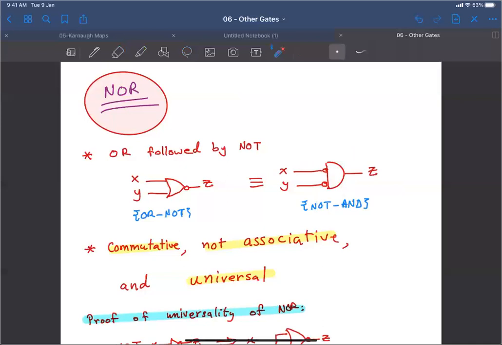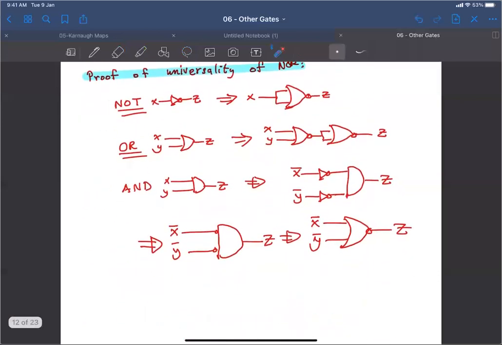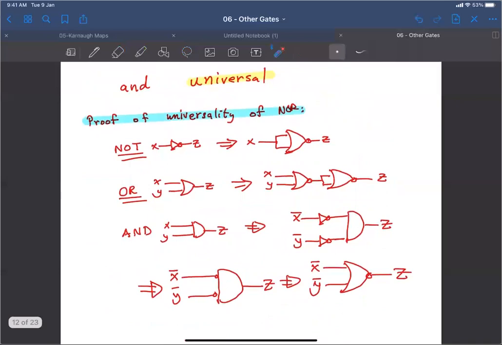And again, you can prove that it is commutative and it is not associative like the NAND, and it is also universal. We can go over the proof of universality for the NOR gate.